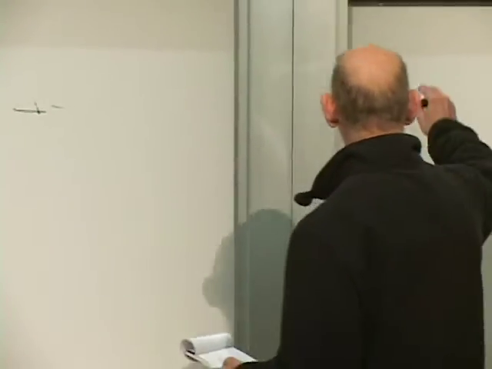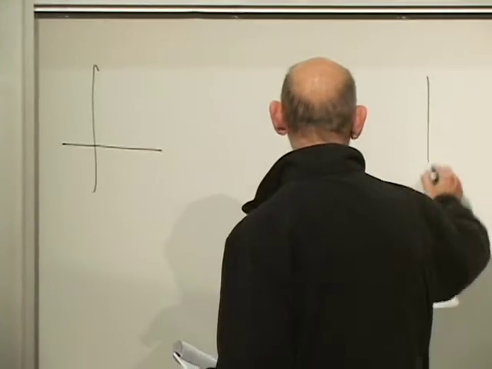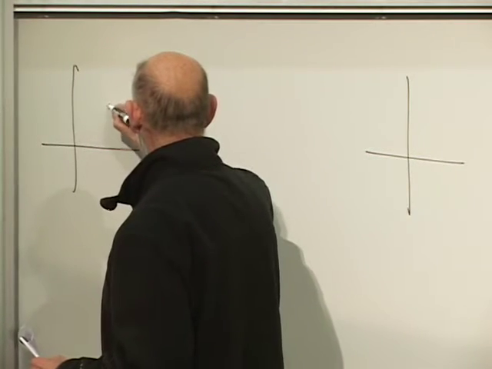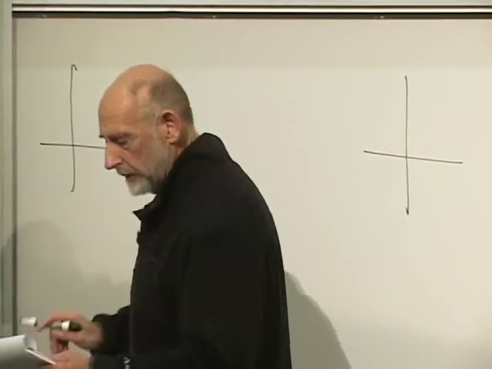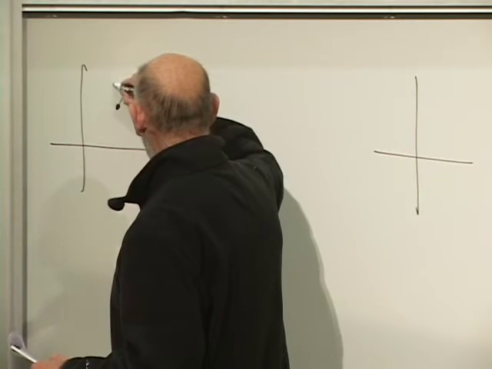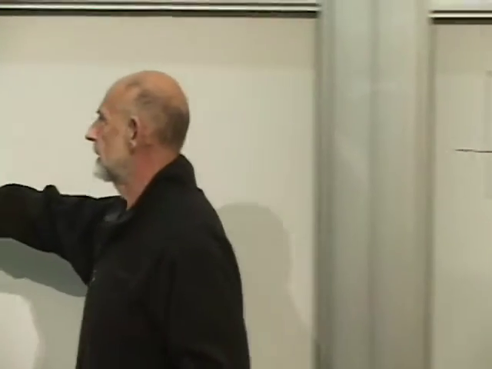All right, now what we're going to do is go back to the z and w planes. Here's the z plane. Here's the w plane. Starting at that point, let's construct two little intervals. One of them I'll call delta z. It's the same as this over here.